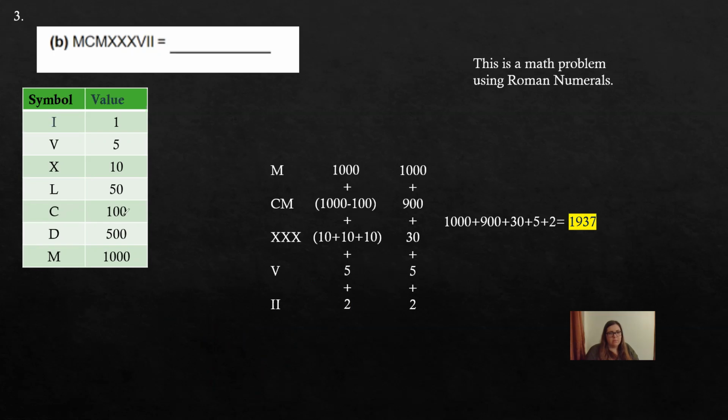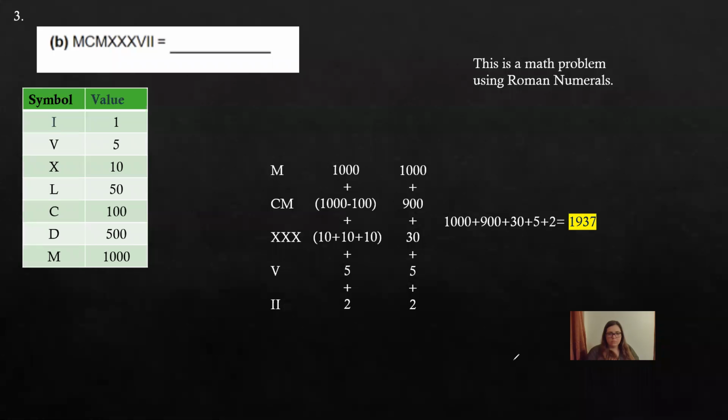So it's going to be 1,000 minus 100, which is 900. So then you have 3 X's, which are tens. So 10 plus 10 plus 10 is 30. And then your V is 5. And then your I symbols are 1 apiece. So you have 2 of them, so there's 2. So it's going to be 1,000 plus 900 plus 30 plus 5 plus 2, which equals a total of 1937.